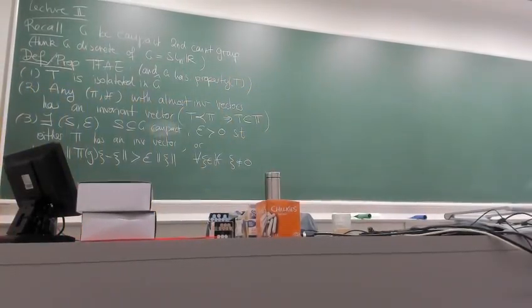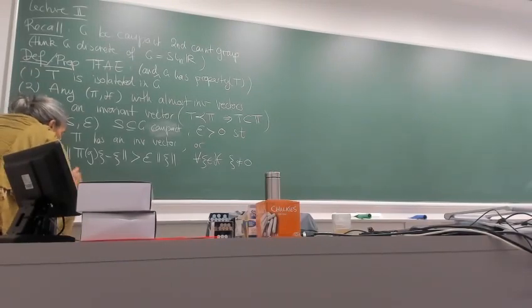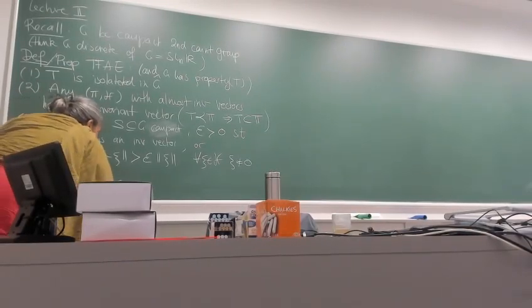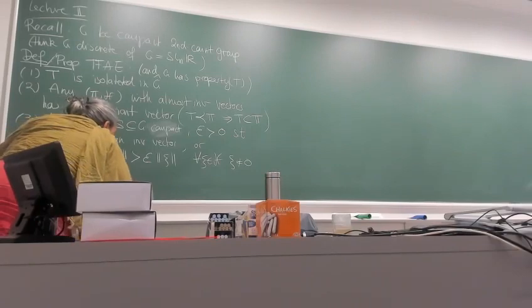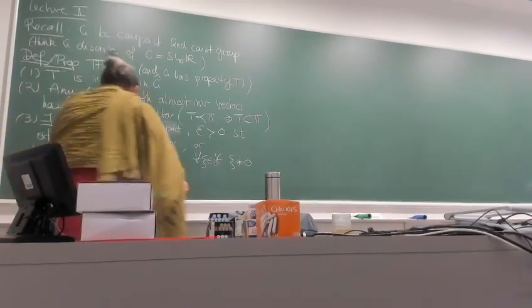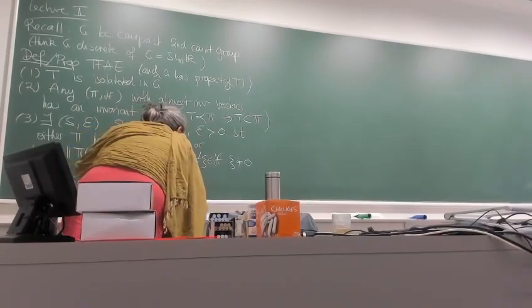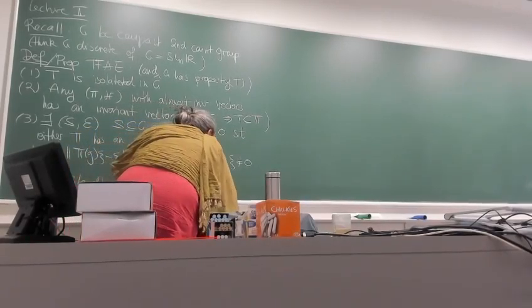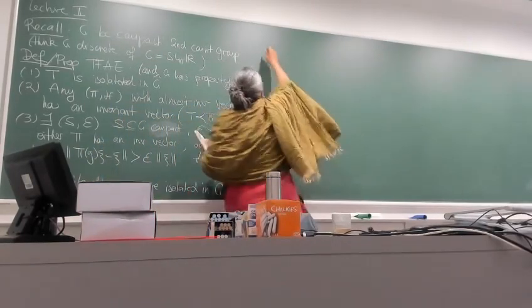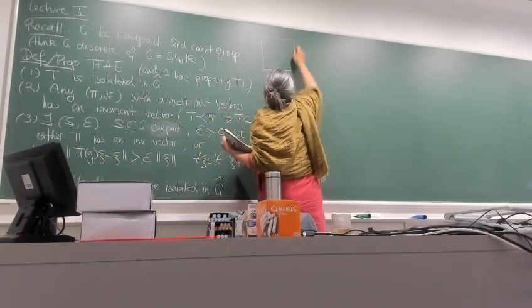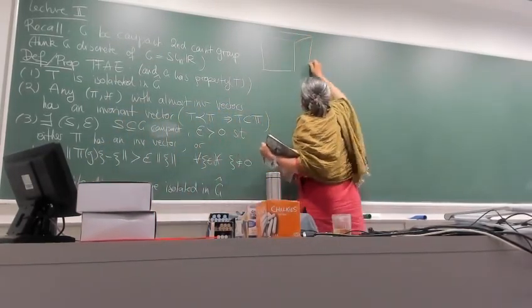And any finite dimensional, all finite dimensional representations are isolated in G twiddle. So basically, I'm trying to have a mental representation.